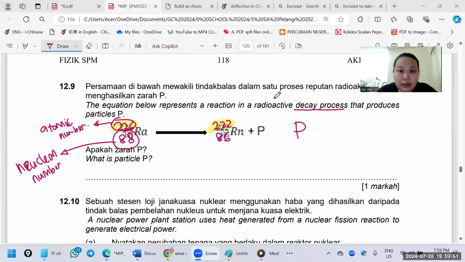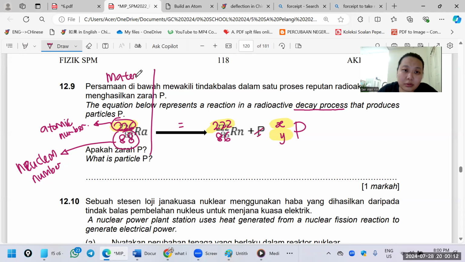So we treat them in the same phase. Let's say this is X and this is Y. Before the reaction, we call it material. After the process of chemical or something change, we call it product.